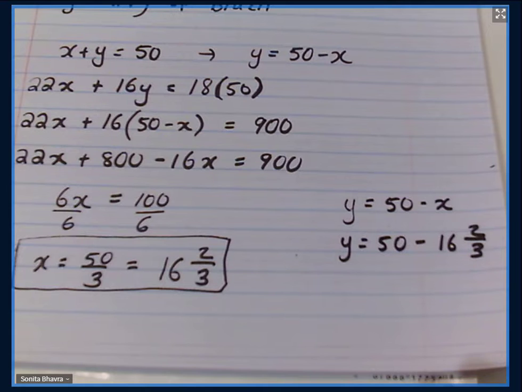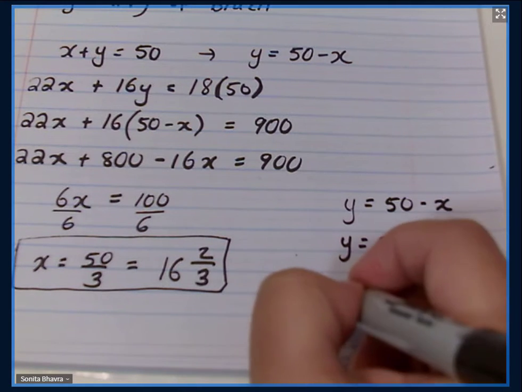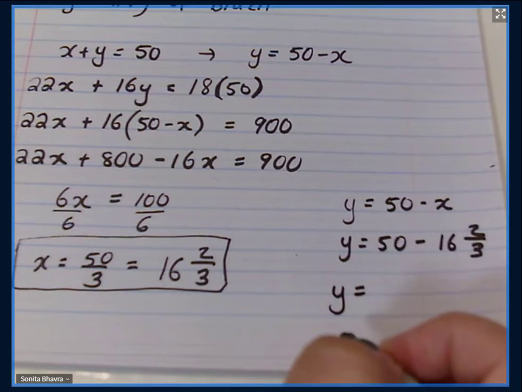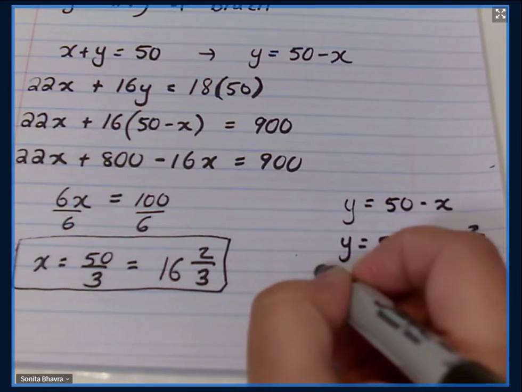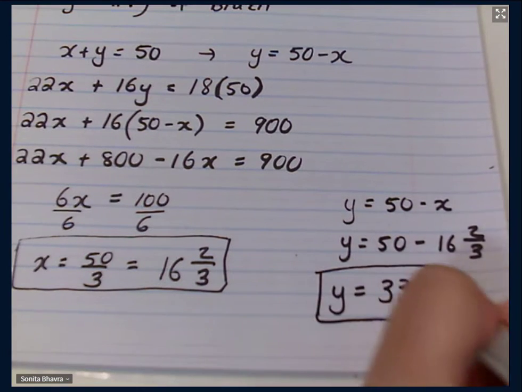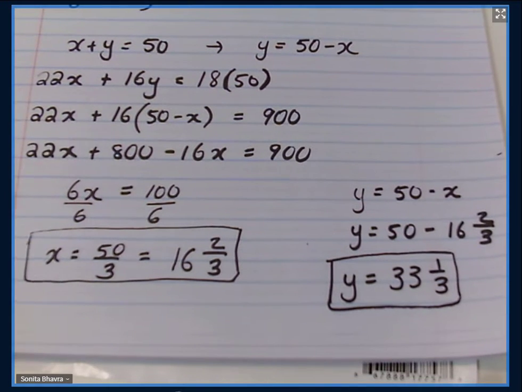All right, and then you can just put that into your calculator, and we get 33 1/3. And remember, you can use your math button to put any decimals back into fraction.